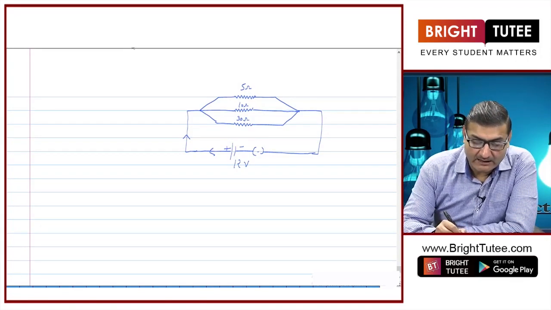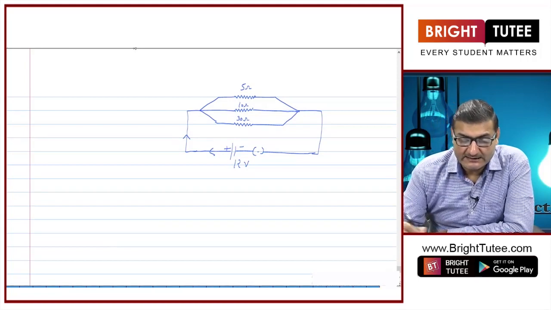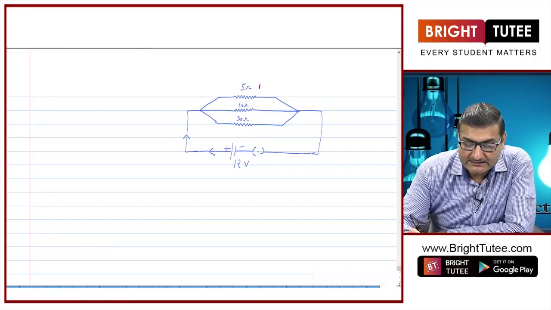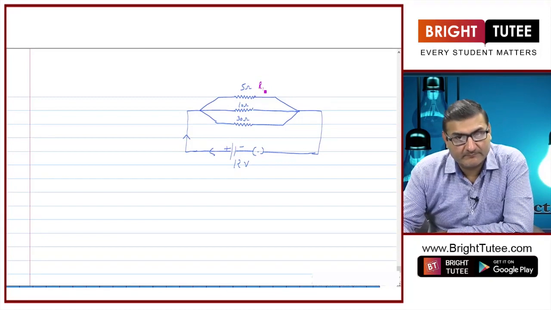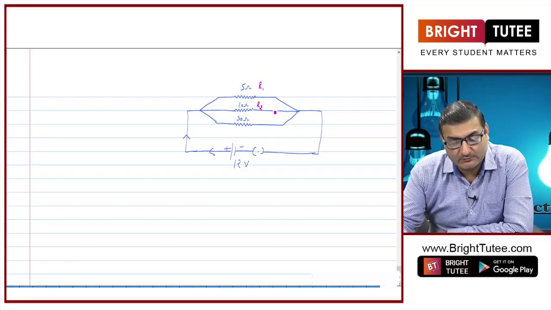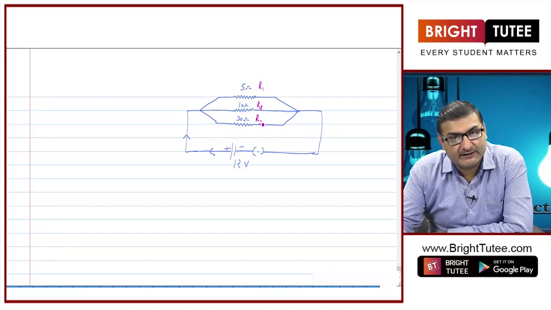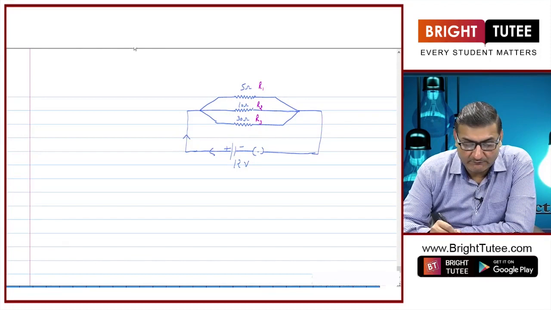Now, this is quite important, try to relate please. This 5 ohm I am considering to be R1. This 10 ohm I am considering to be R2. This 30 ohm I am considering to be R3. Got it? Now, very importantly, the current in the 5 ohm resistance is represented as I1.